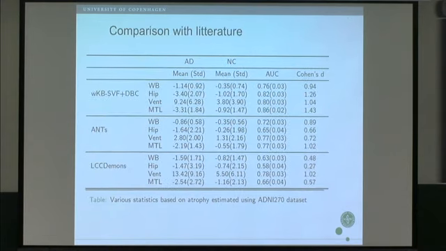And if we then compare with some of the methods on the same data set, it has been run not by us but by other people that have been producing other methods. So here's the comparison to ANTs and to LCC demons here.